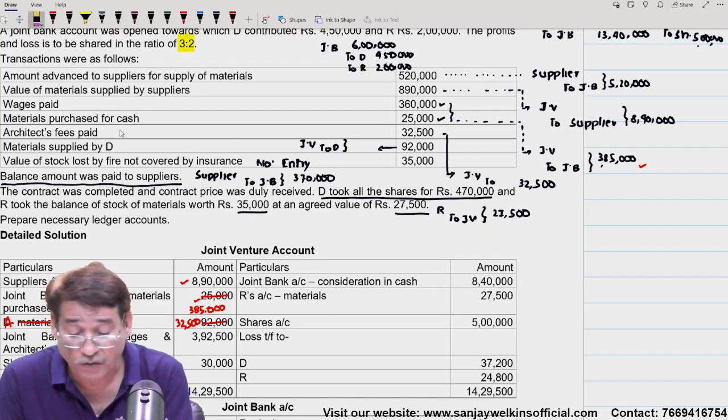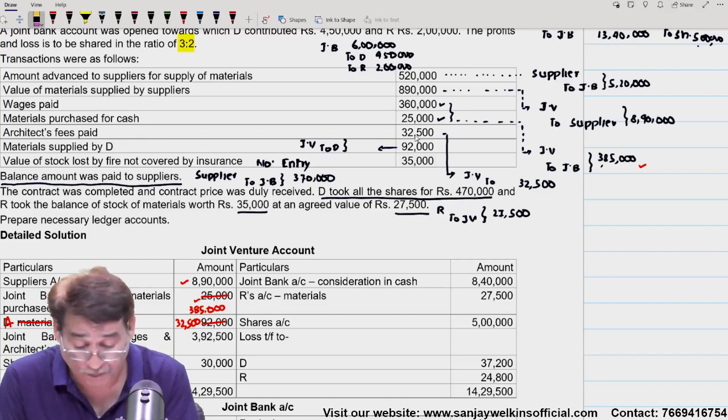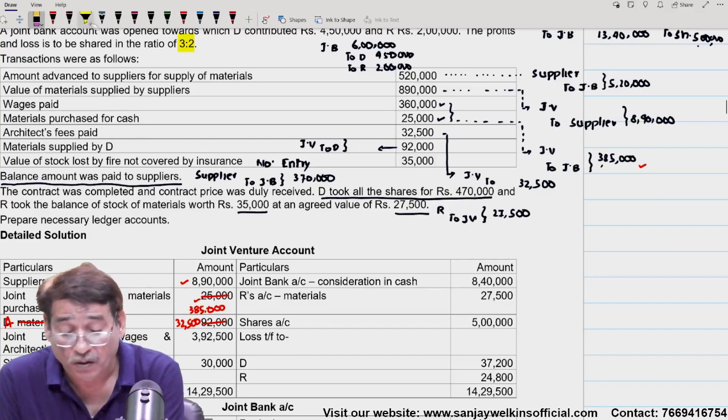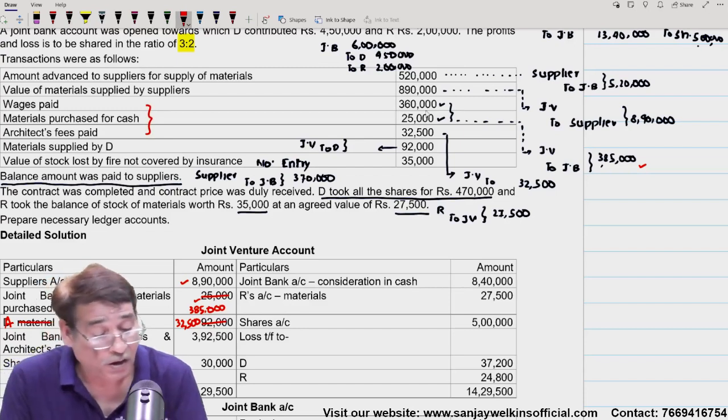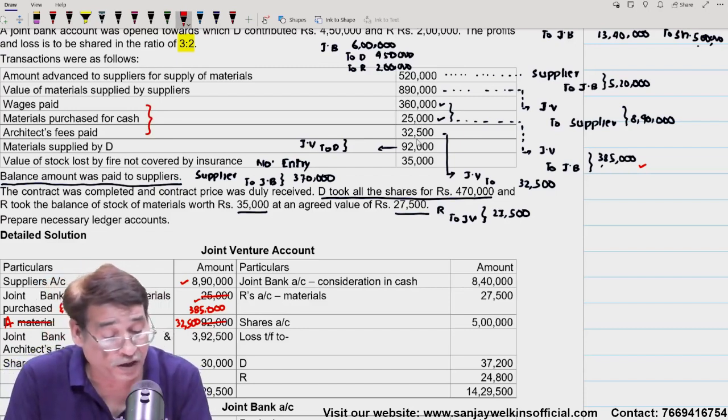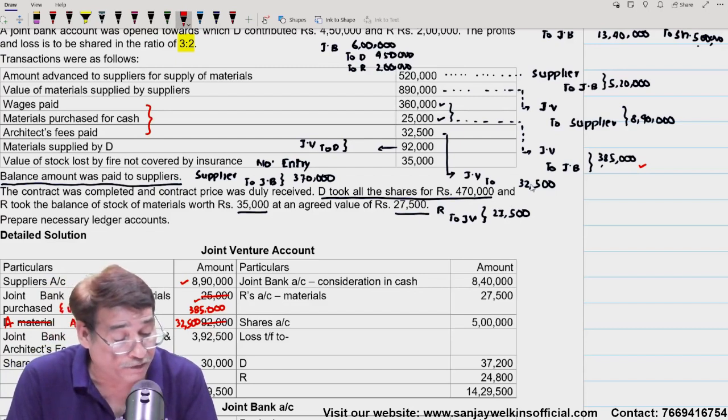In fact, in this question, it is given wages paid, material purchased, and architect fees paid. Correct? So we will add all these expenses first, instead of rectifying the question. So 3,60,000 plus 25,000 plus 32,500.